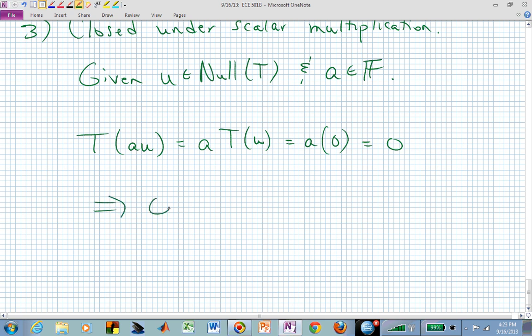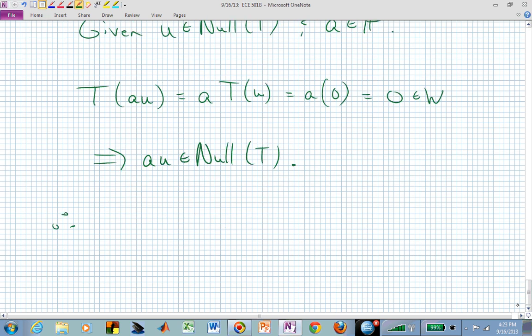That now allows us to say that a u is in the null space of T. And now we've shown all three properties are true, and we can say that the null space of T is a subspace of our domain space V.